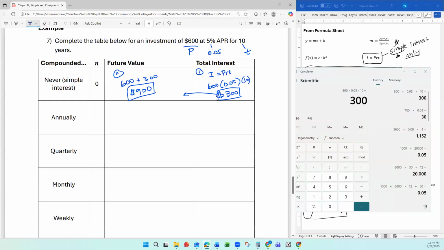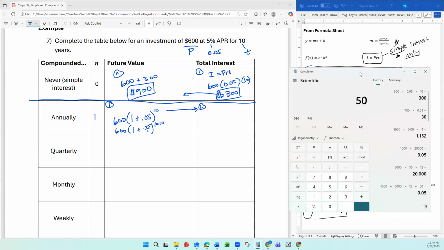Now, as soon as we get compound interest, it's going to be different. Now it's going to be first you find the future value, and then you use that to find the total interest. For annually, n is 1. The future value is going to be 600 times 1 plus 0.05 to the 10th, or 600 times 1 plus 0.05 over 1 to the 1 times 10, but you don't need to use the 1.